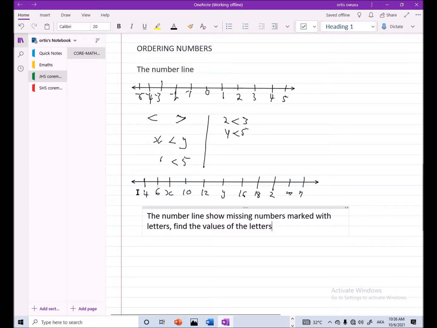So here we have 4. We have 6. We have x. We have 10, 12. We have y, and we have 16. So we can see that there is arithmetic going on. And we can note that.